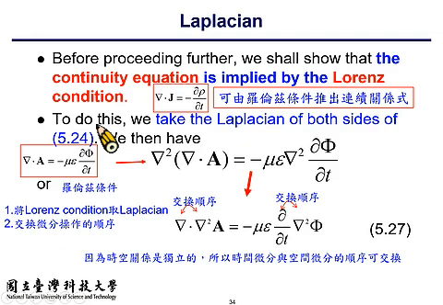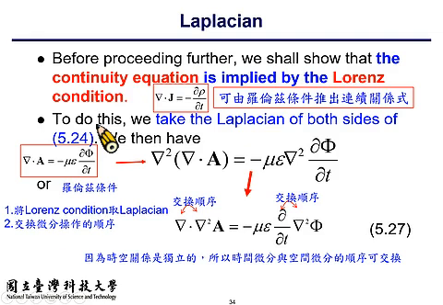Before proceeding further, we shall show that the continuity equation, that is, the divergence of J equals minus the time derivative of rho, is implied by the Lorentz condition. So I guess you may be surprised about how the Lorentz condition is valid, is legitimate.